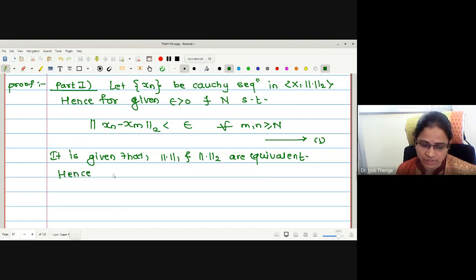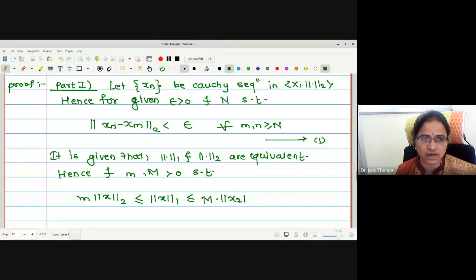There exist small m and capital M greater than 0 such that m norm 2 of x is less than or equal to norm 1 of x, which is less than or equal to capital M into norm 2 of x, right?